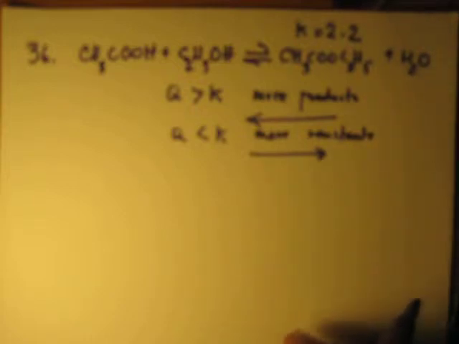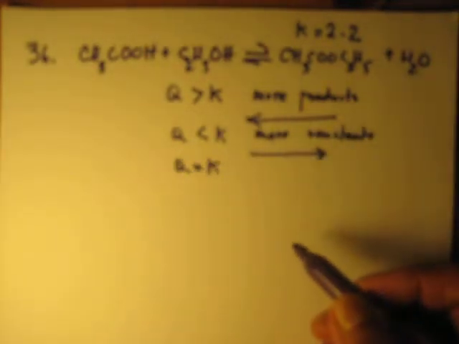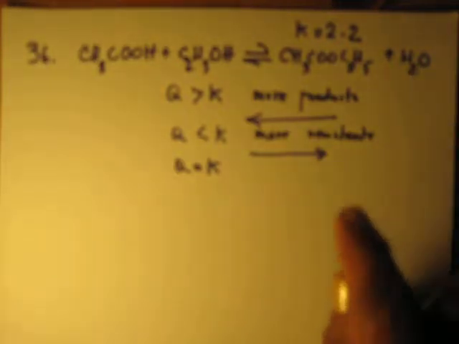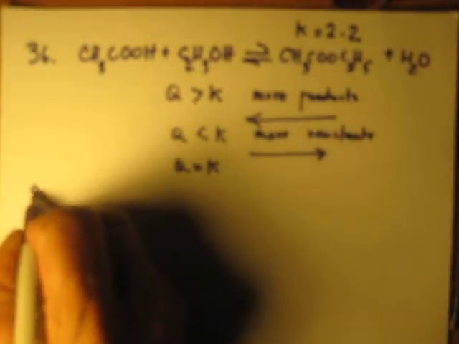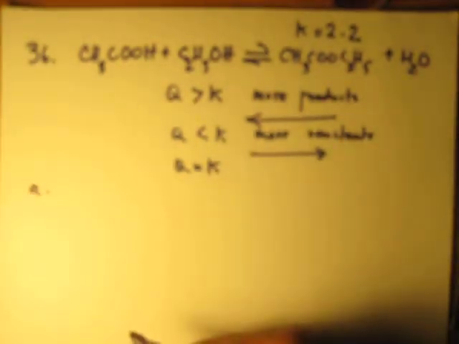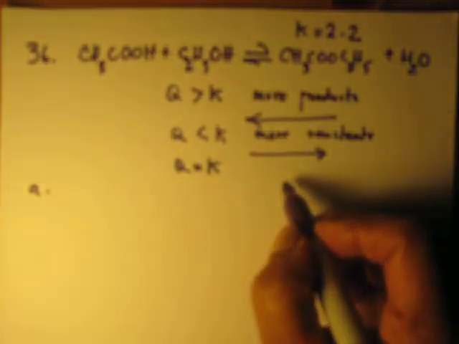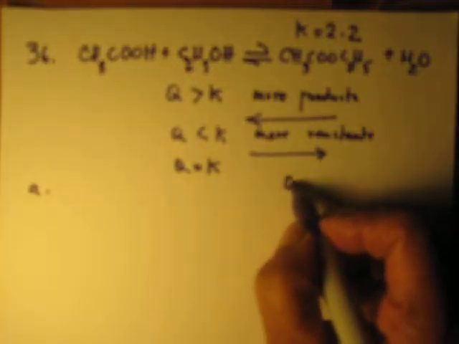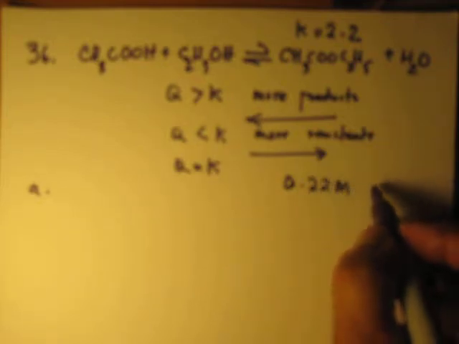If Q is equal to K, the system is at equilibrium, so the H2O concentration will remain constant. So that's how you answer this question. Let's take A. Ethyl acetate concentration is given as 0.22 molar and H2O is given as 0.10.